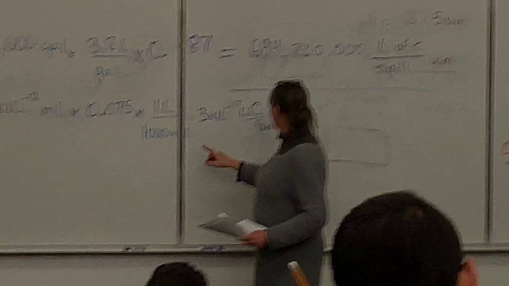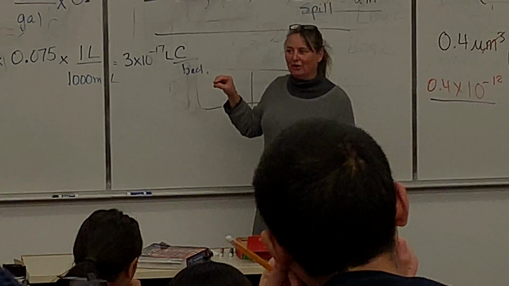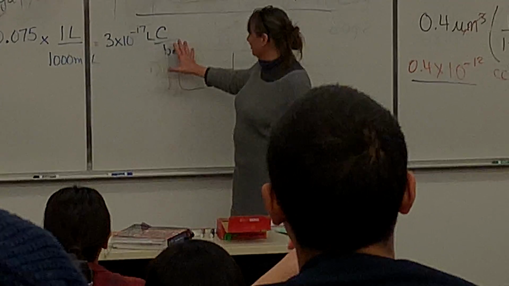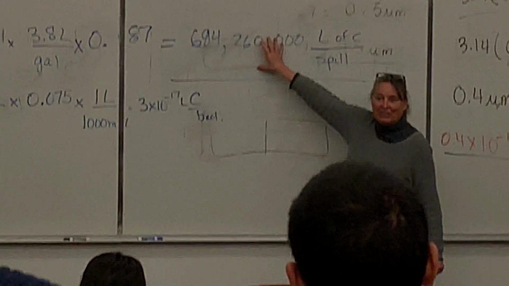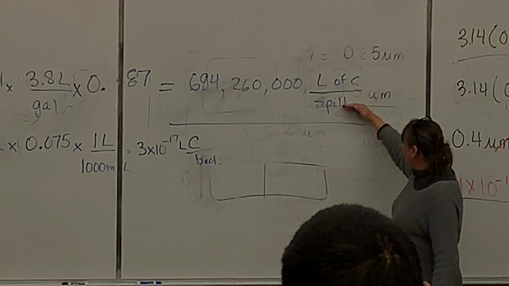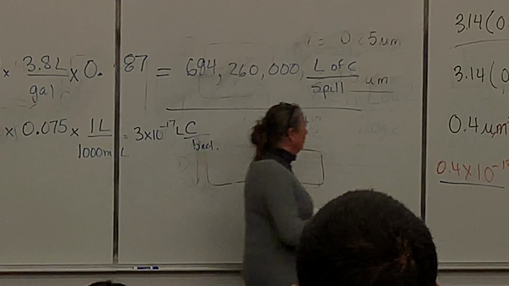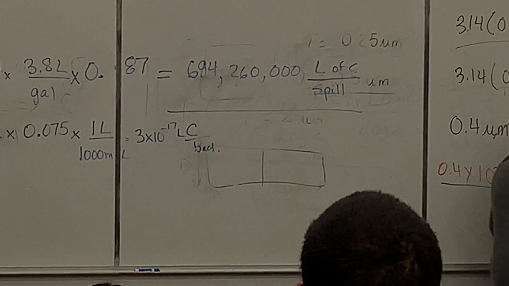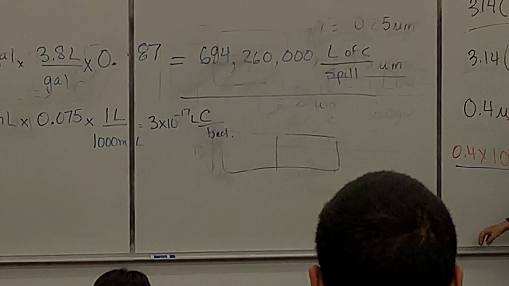We want to have these be the same unit. Randy thought it'd be a good idea to convert. So we have liters of carbon and liters of carbon. If we divide the liters of carbon in the oil spill by the liters of carbon per bacteria, the spill is on top, the bacteria is on the bottom, so the answer is going to have bacteria per spill. And the liters of carbon are going to cancel.